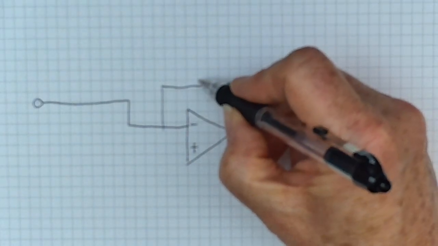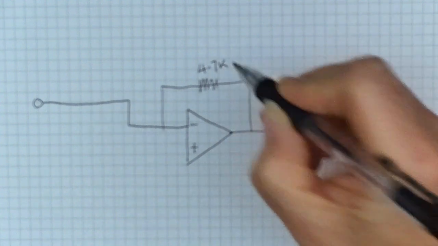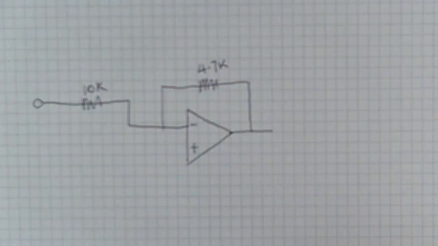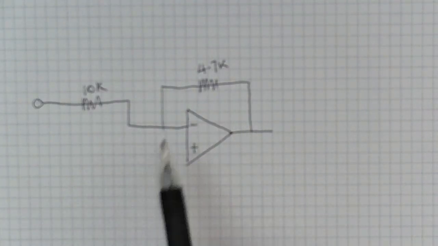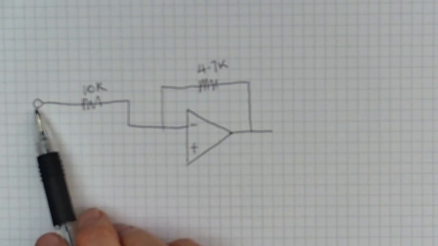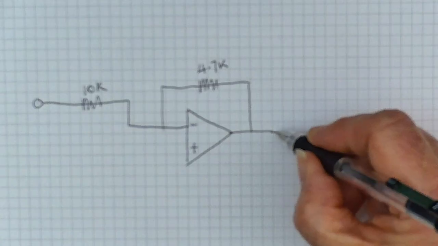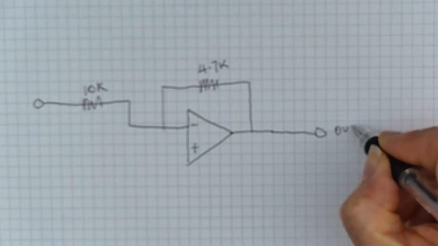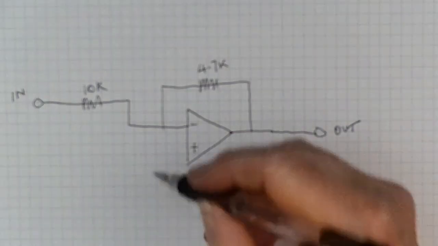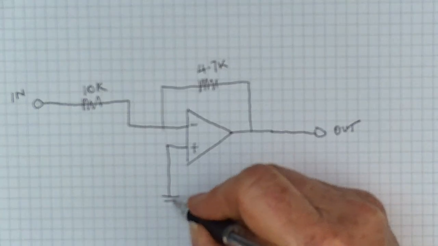And for that we could use, for example, something like a 4.7k resistor and a 10k resistor on the input, and the ratio of those 2 resistors will give us 0 to 10 volts peak to peak on the input, but that will give us a 0 to 5 volts on the output. Okay, so far so good, and the positive is tied to ground in this instance.